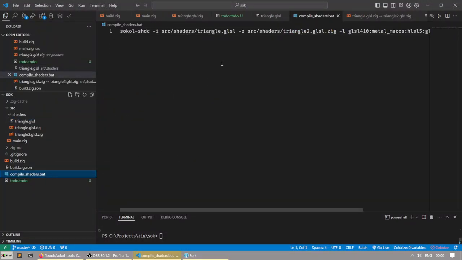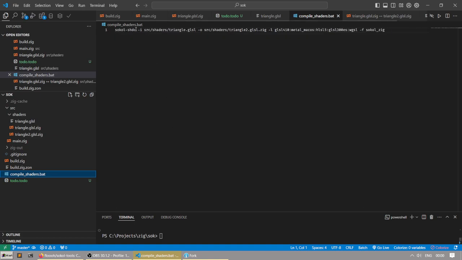Okay, there it is. So this is my bat file. Basically, what I do is the input file, the output file. The input is the GLSL, the output is the Zig, and in this case, I'm outputting into a second one, into triangle 2, because I didn't want to mix it with the original triangle. And then you have to define which languages you want it to compile, and you separate them with the colon, I guess.